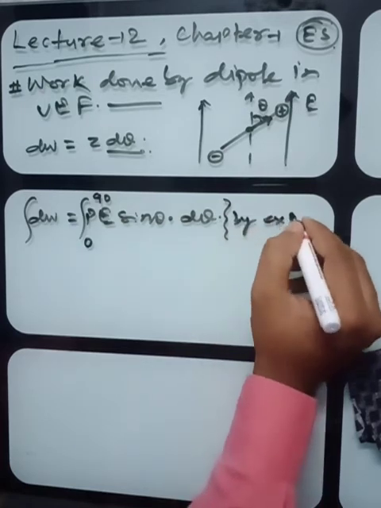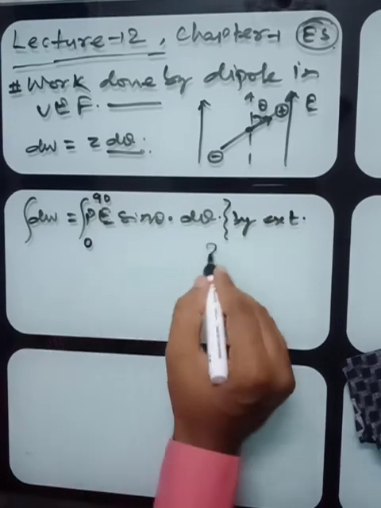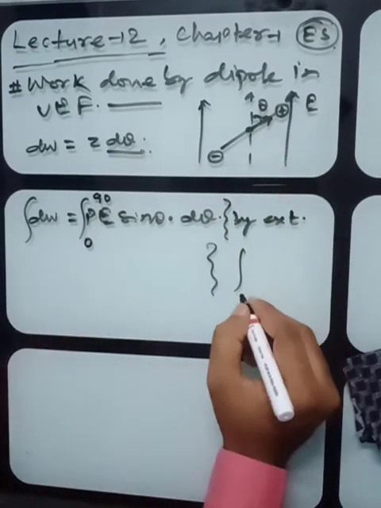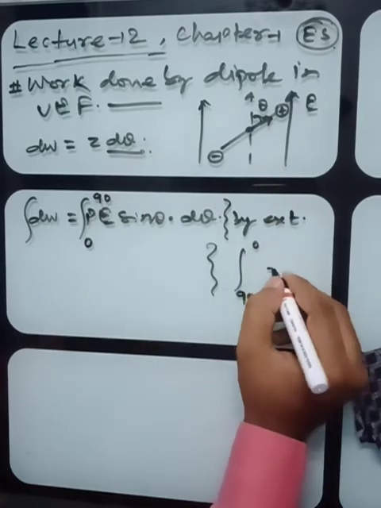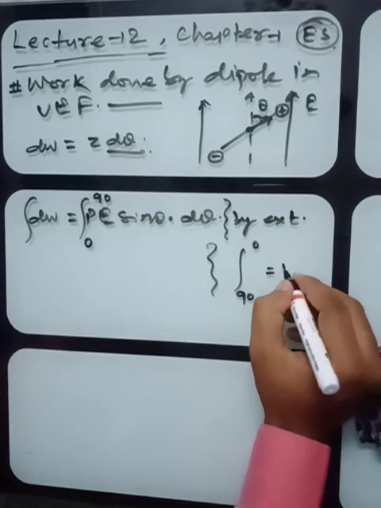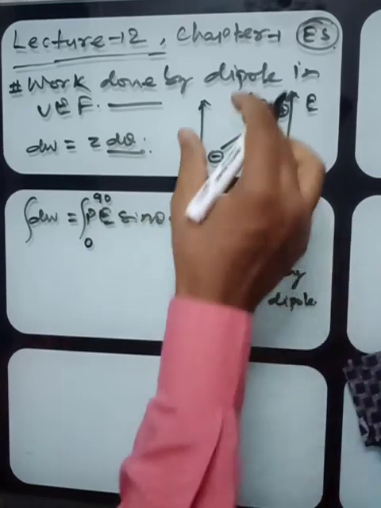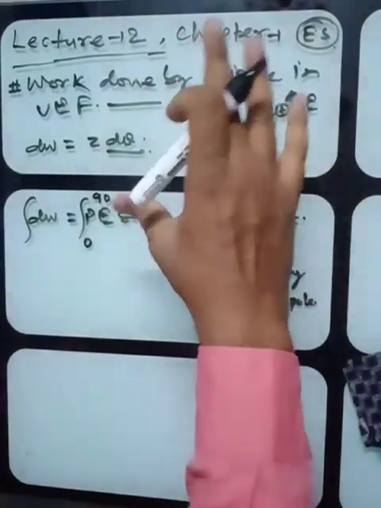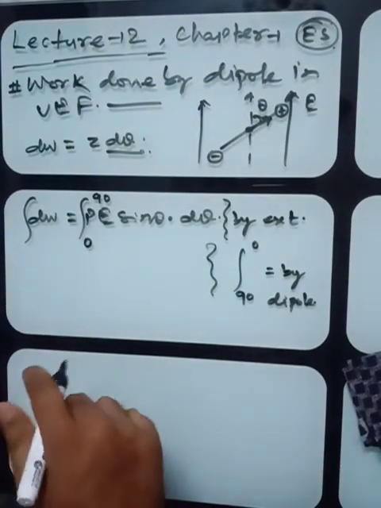By the external agent here. If you give the limit from 90 degrees to 0 degrees, then this will be done by the dipole itself. You are not required to rotate this dipole; you will leave it and it will automatically move to 0.